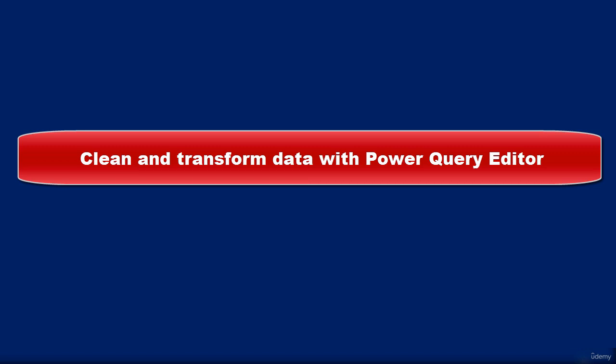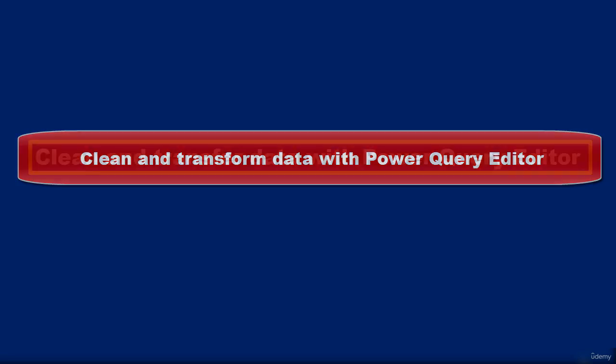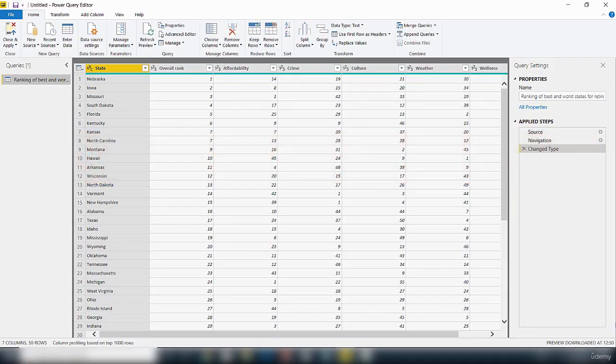So any modifications you make with the original data source can be regarded as transforming the data or shaping the data. In the previous video, we connected to a data source from the web and we did not actually load the data.